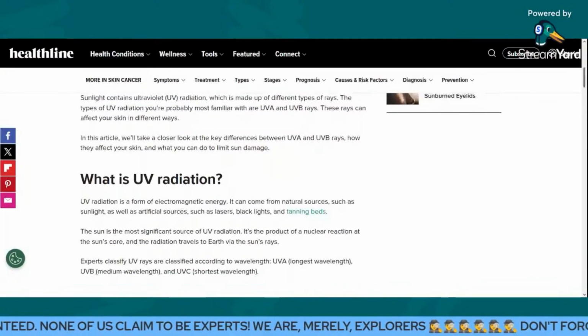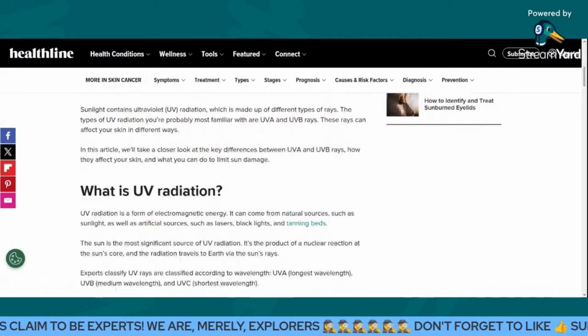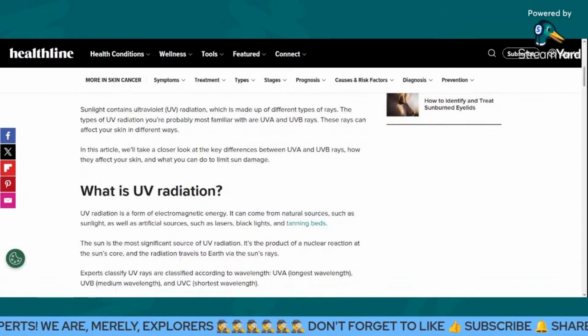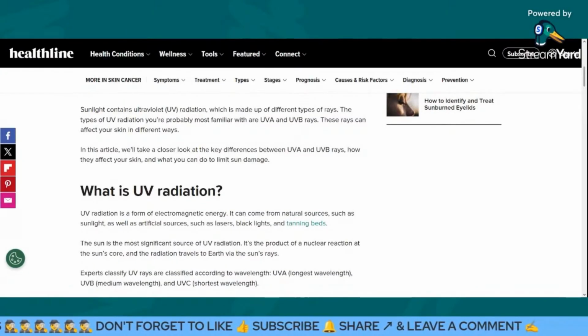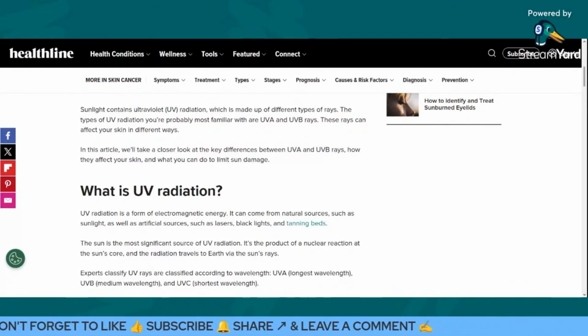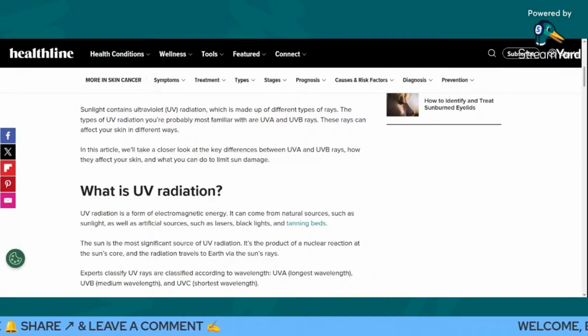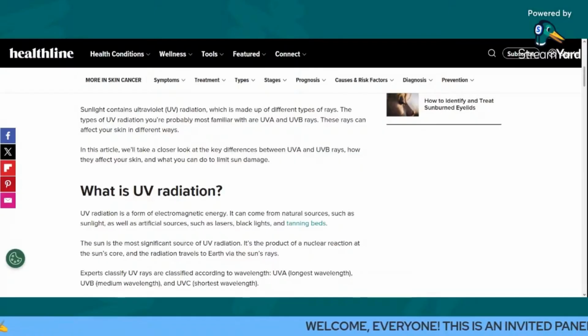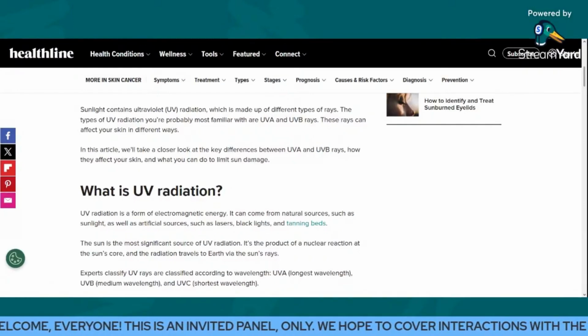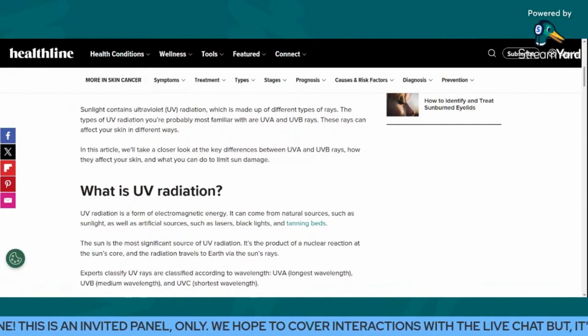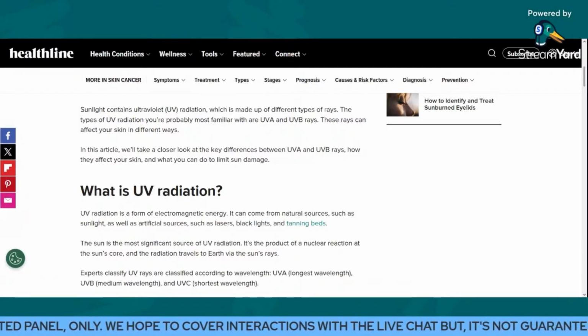Sunlight contains ultraviolet, which is UV, radiation, which is made up of different types of rays. The types of UV radiation you're probably most familiar with are UVA and UVB rays. These rays can affect your skin in different ways. In this article, we'll take a closer look at the key differences between UVA and UVB rays, how they affect your skin, and what you can do to limit sun damage.